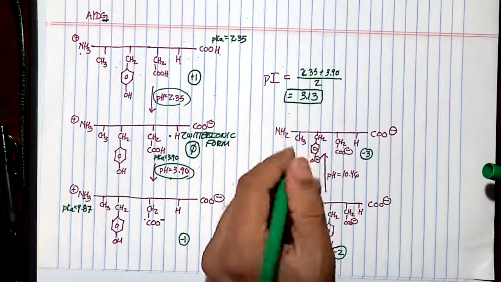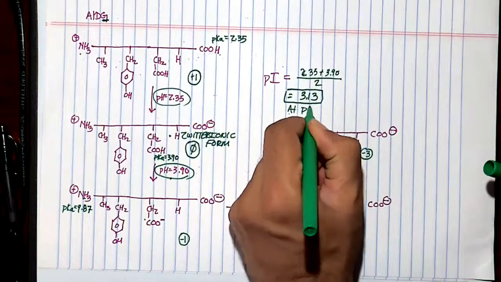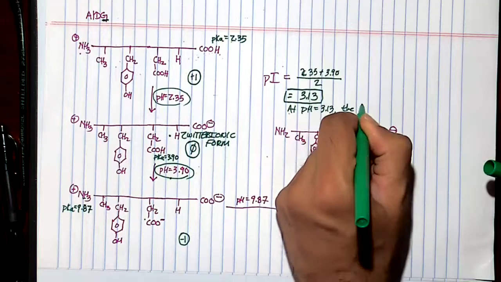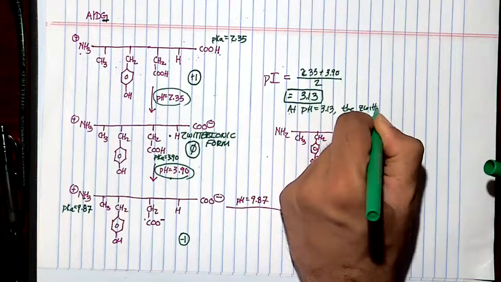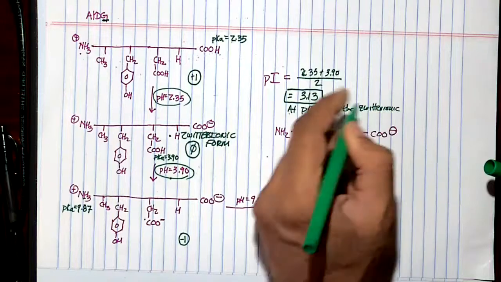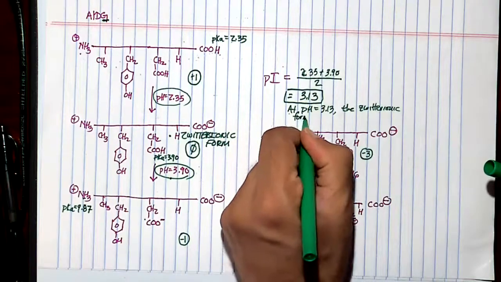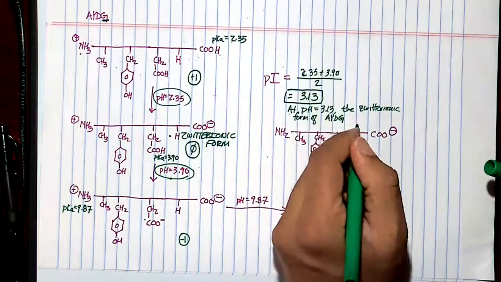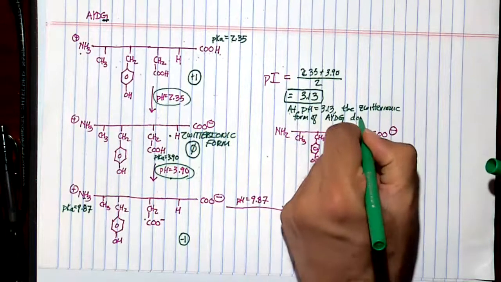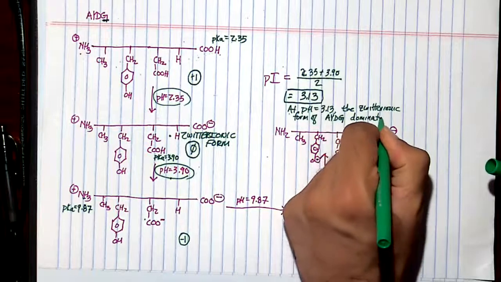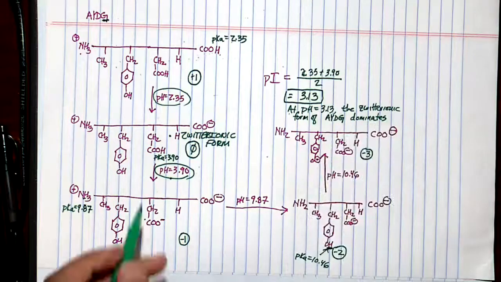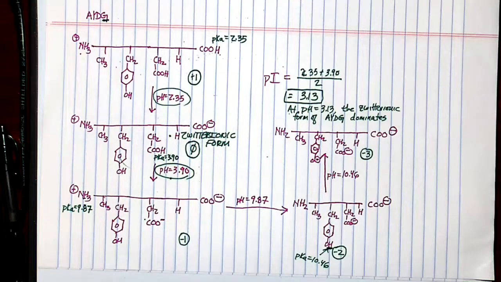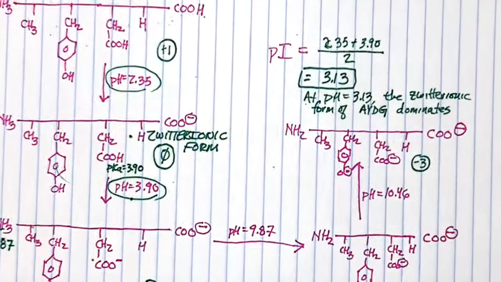So at a pH of 3.13, the zwitterionic form of this tetrapeptide dominates. Okay, so that population, this population, begins to dominate at a pH of 3.13.